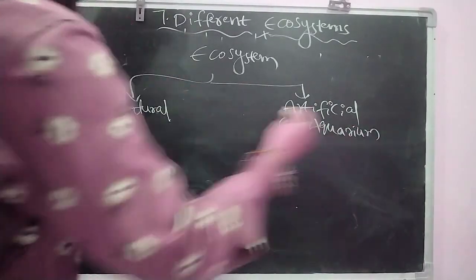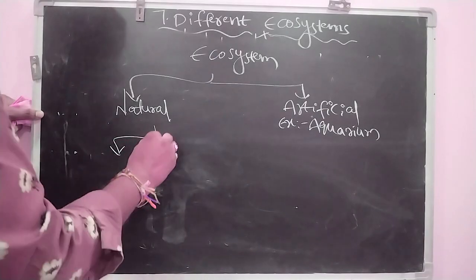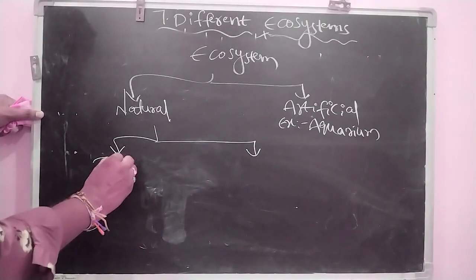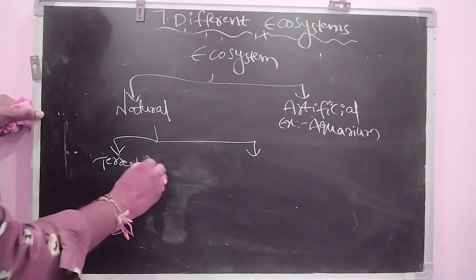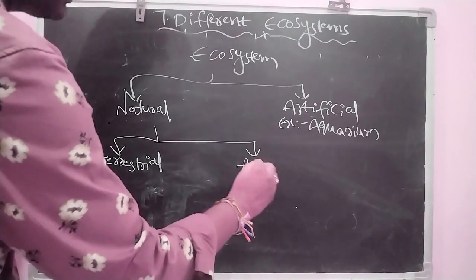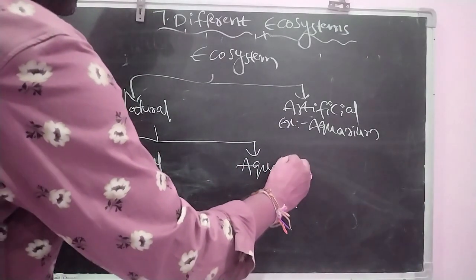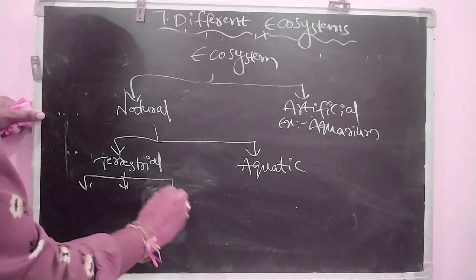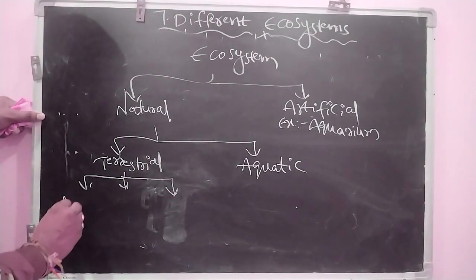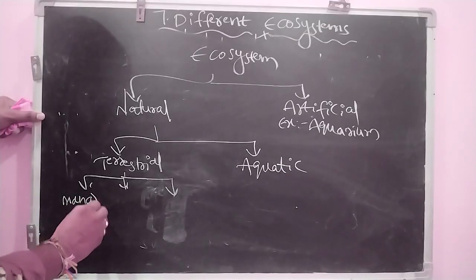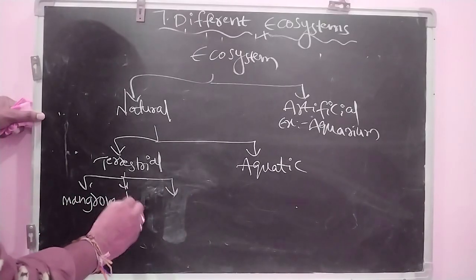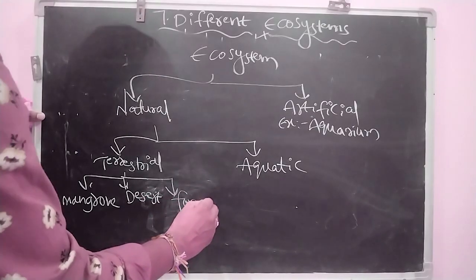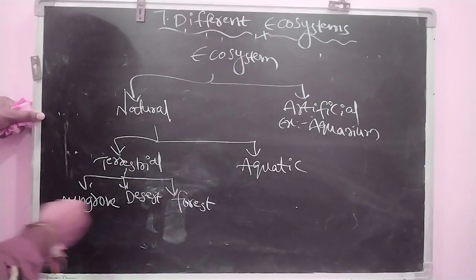And the natural ecosystem is of two types: one is the terrestrial ecosystem, another is the aquatic ecosystem. Types of terrestrial ecosystem are mangrove ecosystem, grassland ecosystem, desert ecosystem, and finally forest ecosystem. These are considered terrestrial ecosystems.